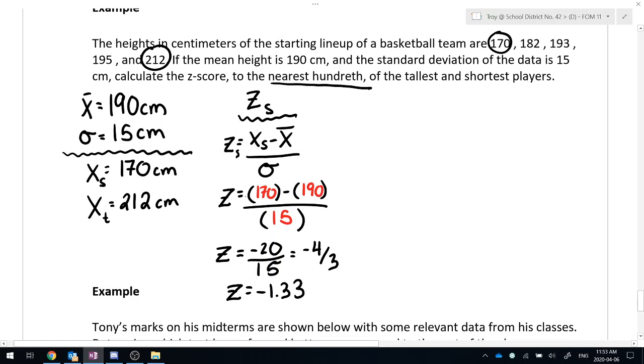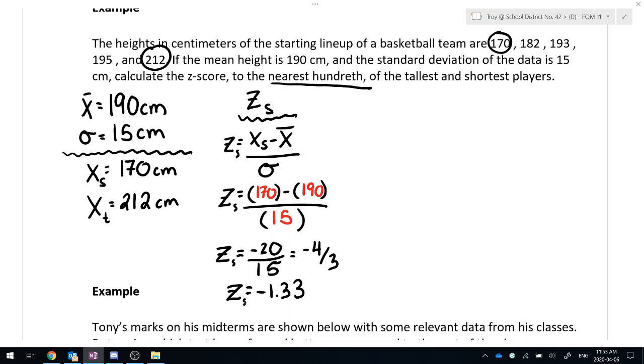And that's, of course, the Z score of the shortest player.